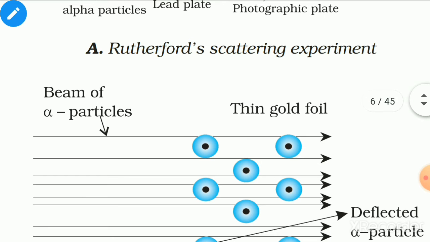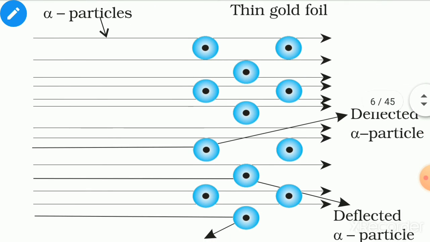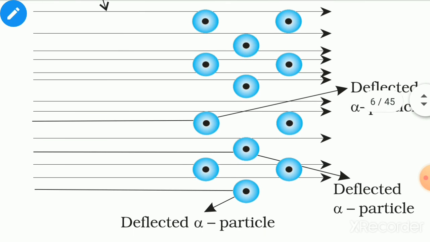The Rutherford scattering experiment can be better viewed by this model. Most of the alpha particles pass through the gold foil. Some are deflected at a small angle, and very few are deflected back to the first medium.